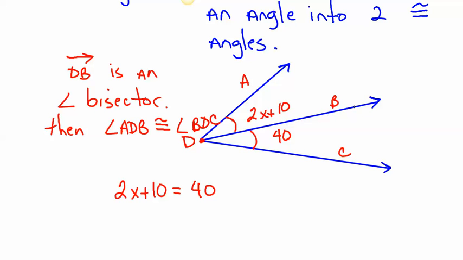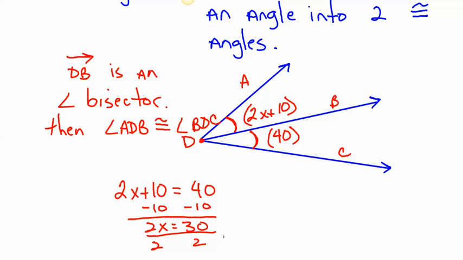DB was an angle bisector. It split ADC in half. So you know that that angle is congruent to that angle, which means this 2x plus 10 is equal to 40. Subtract 10. 2x equals 30. Divide by 2. And x equals 15.